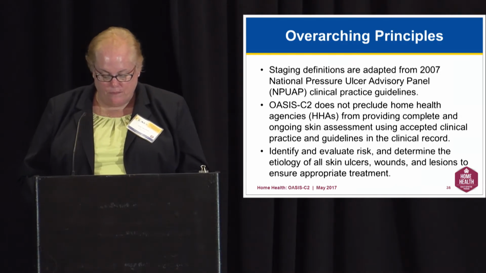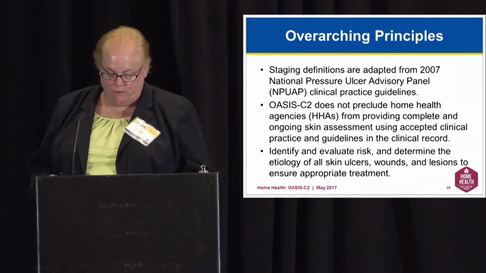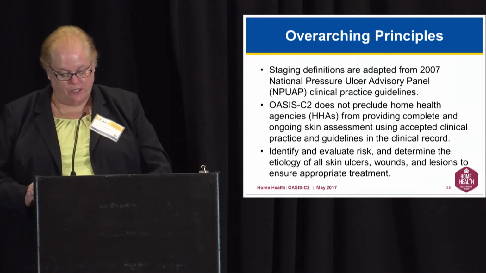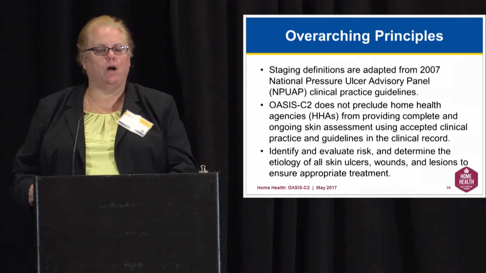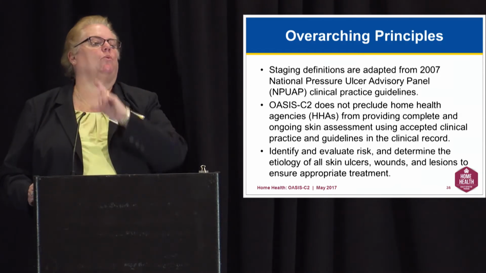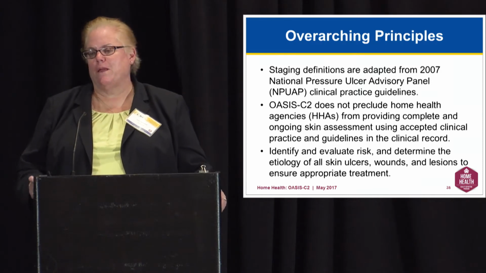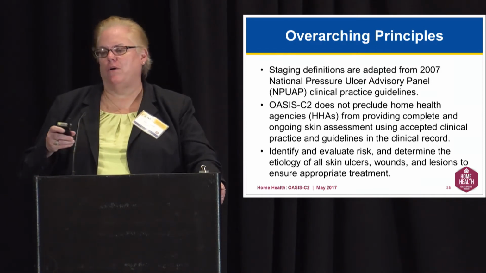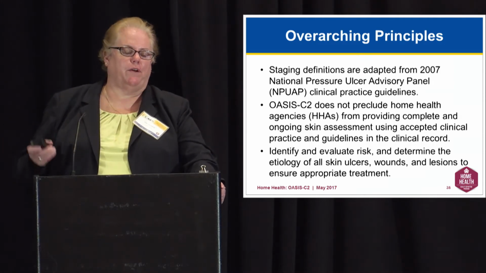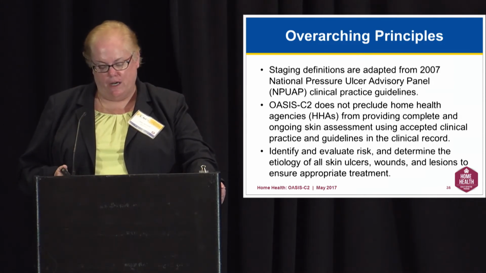And then we also need to identify and evaluate risk and determine the etiology of all skin ulcers, wounds, and lesions to ensure appropriate treatment. Now that's just one little dot in a whole bunch of slides that I'm going to present. But it's really important. It's been very interesting, some of the questions that have come out over the trainings that we've done in the various different healthcare settings.